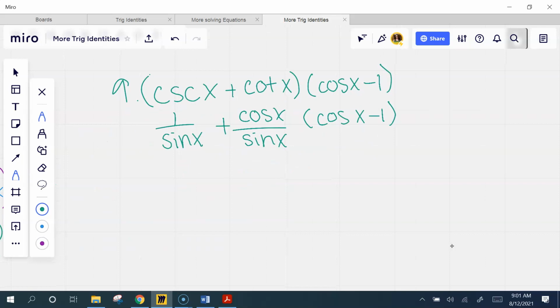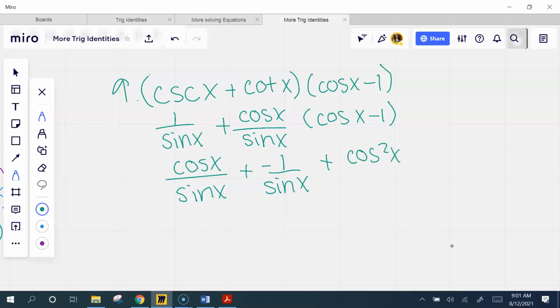Good job. How'd you get the 1 under sine?